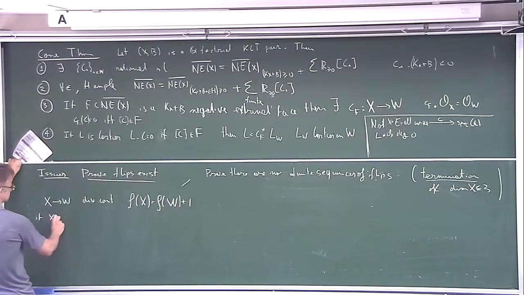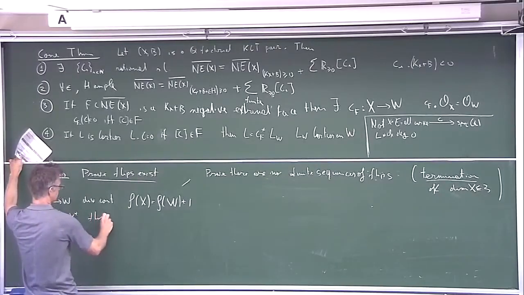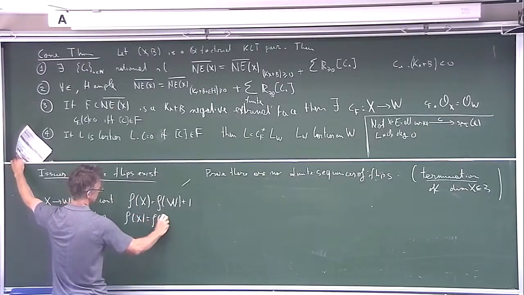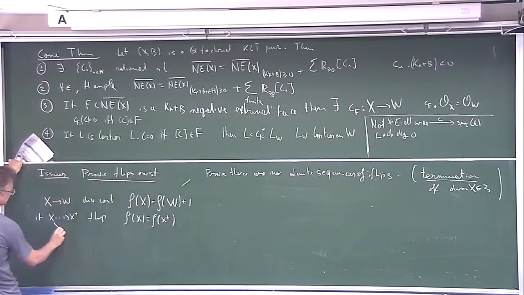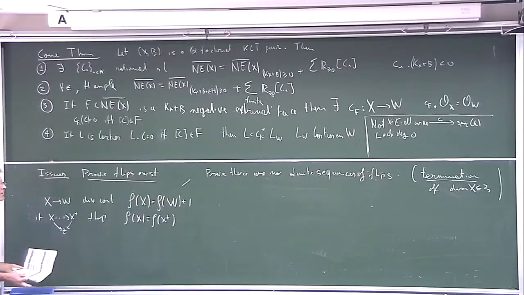If X to X plus is a flip, then the Picard number is unchanged, because this is happening over Z, and one can show that both relative Picard numbers are 1. So whenever you have a flip, the number is unchanged. Whenever you have a divisorial contraction, it goes down by 1. It's a positive integer, so this can't happen infinitely many times. End of story. The only issue is, can I have an infinite sequence of flips?